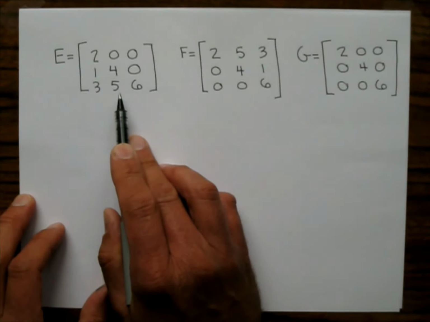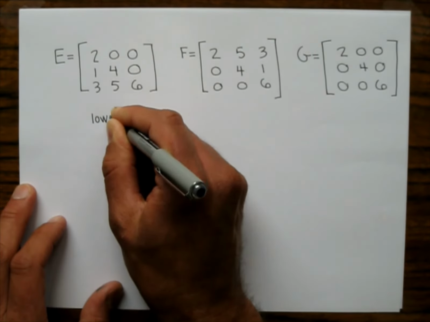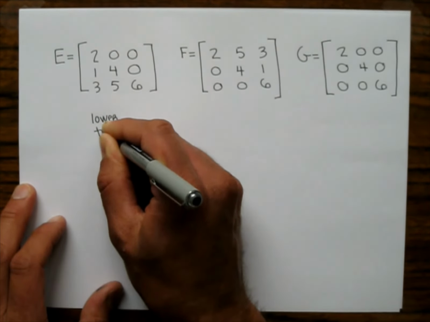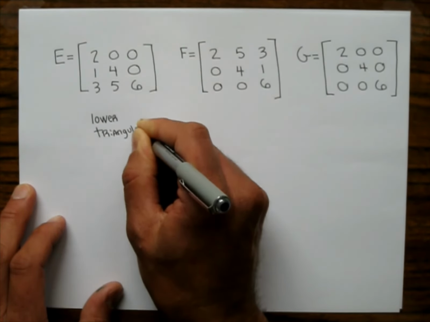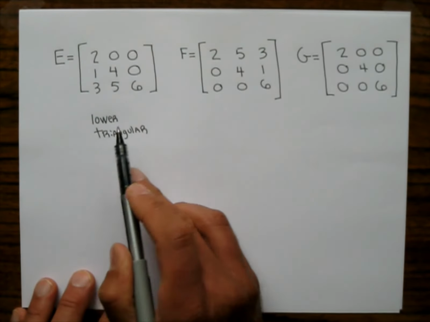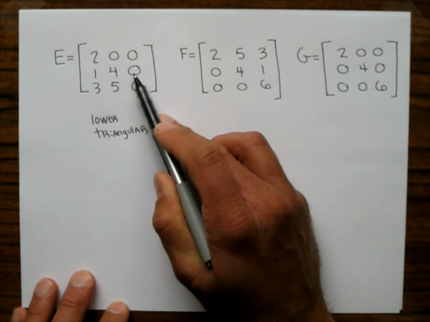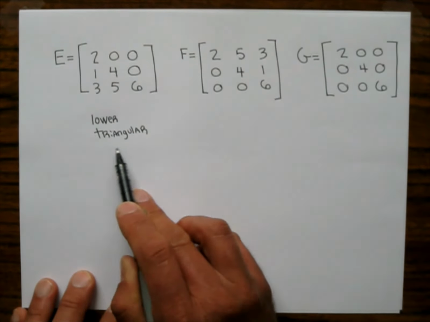This one right here is lower triangular. That may seem confusing, because you see a triangle of zeros up above, and that's confusing for some people.